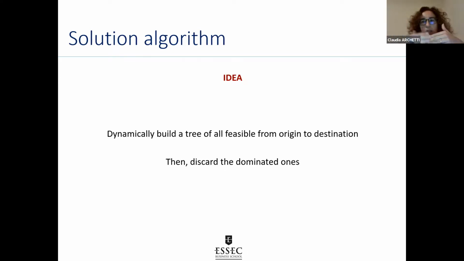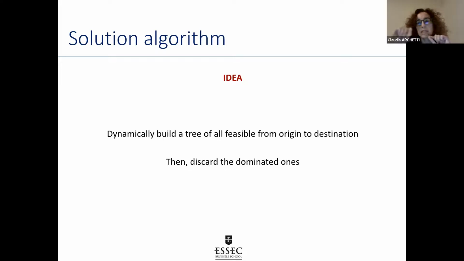So we move forward up to the point in which we need to stop because we are running out of fuel or we are running out of time. And then we have a first portion of the path that goes toward the destination. From that point, we continue building another leg of the path, still feasible, up to the point we have to stop again, and so on, up to the point in which we reach the destination.